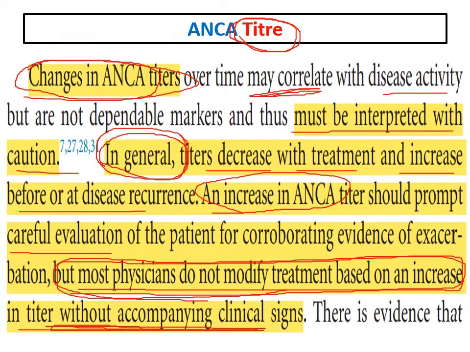But if I found an increase in the titer without any clinical manifestations of a relapse, don't increase the immunosuppression, but increase the follow-up and check for the ANCA titer again at follow-up visits. So don't modify your treatment protocol and immunosuppression according to change in the ANCA titer alone without clinical manifestations of relapse. Very important slide.